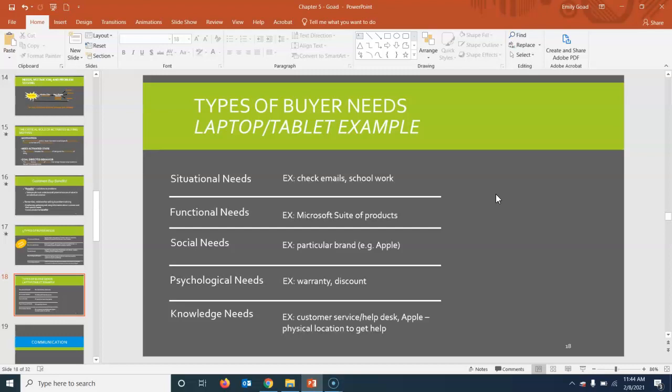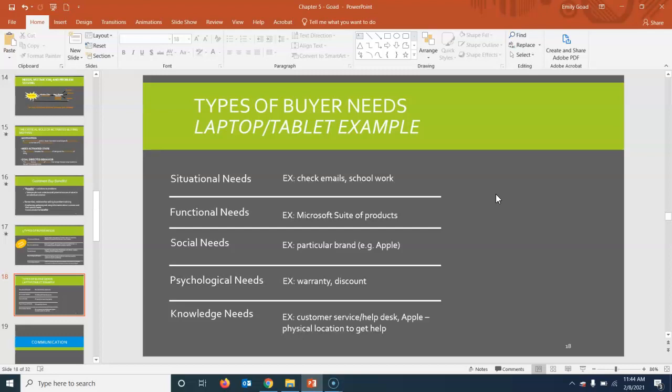A functional need has to do with the performance or the function, pretty much with the laptop or whatever is performing a certain function. So in order for me to be able to do my schoolwork, I need a laptop that has the Microsoft suite of products. So that's a functional need. Or maybe it has so much memory or whatnot.